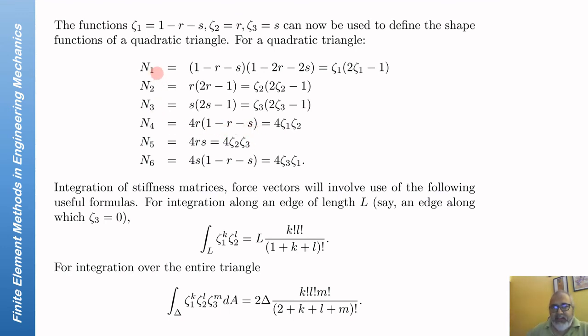I will enrich N1, N2, N3 and add N4, N5, N6, which are for the mid-side nodes, to get the shape functions. And these would be the shape functions in terms of these three functions of R and S, and you can verify that they satisfy the Kronecker delta property for the 6-noded triangle.